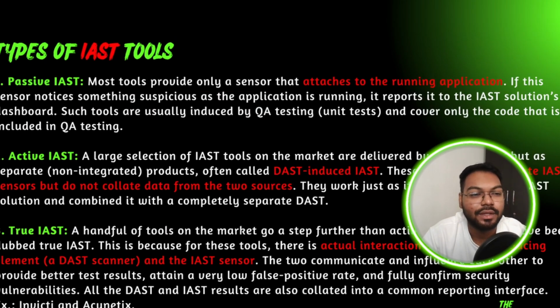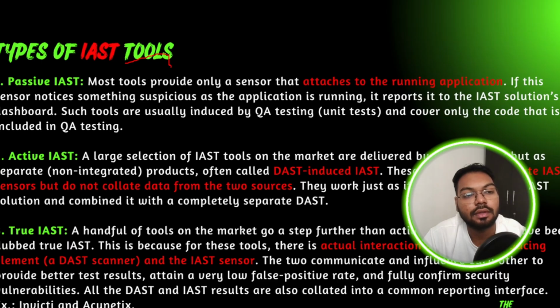Then the next stuff is what are the different types of IAST tools. Okay, I think we have not touched on this topic, but I'll leave it for some other day. Let's see. So types of IAST tools and IAST sensors.